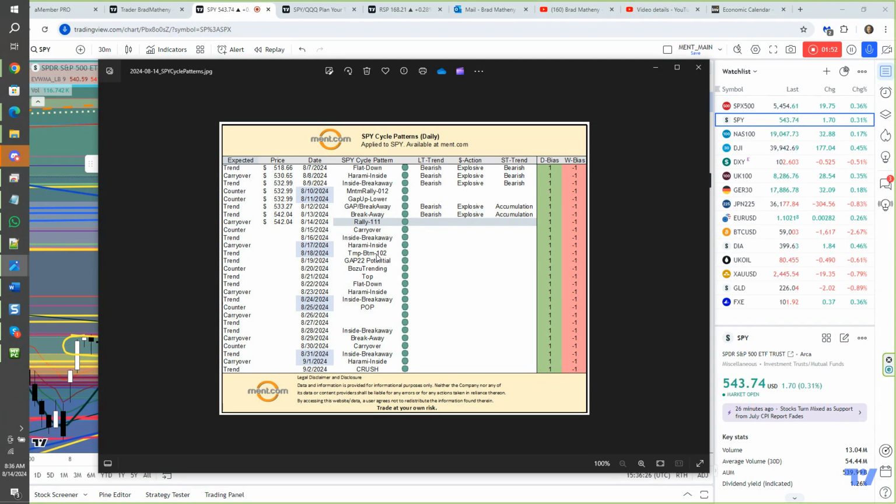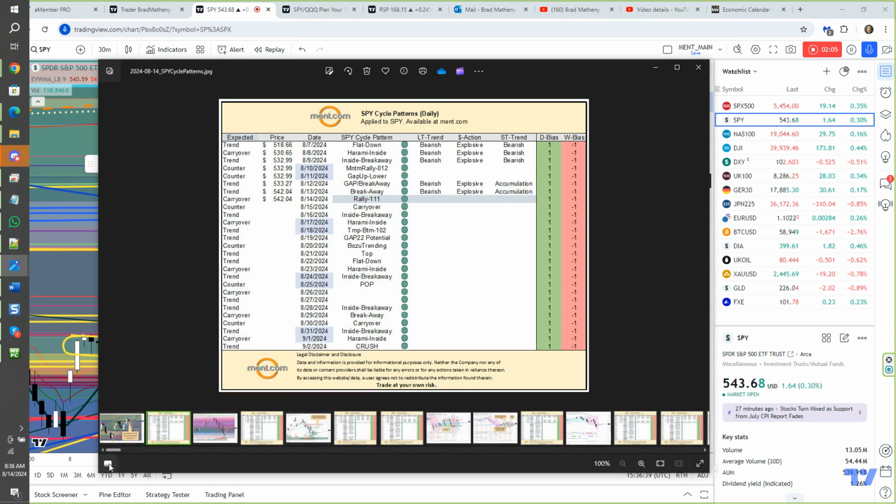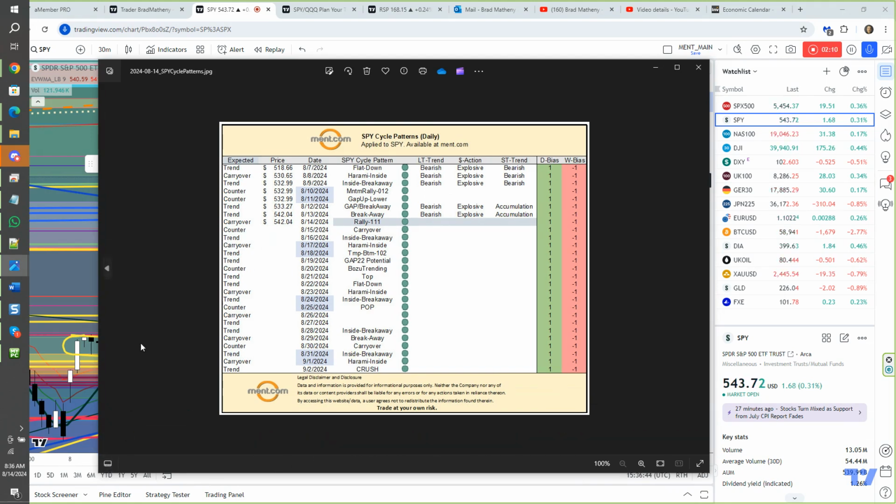So understand that the broader context of my research consists of a lot of proprietary research and a lot of proprietary indicators. I don't think I have them here. Nope, this is the wrong one. But most of my proprietary research centers on price modeling systems and then custom indicators.